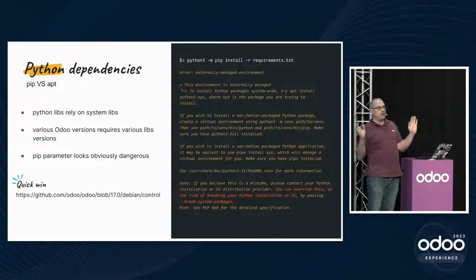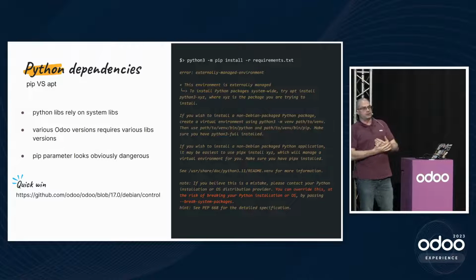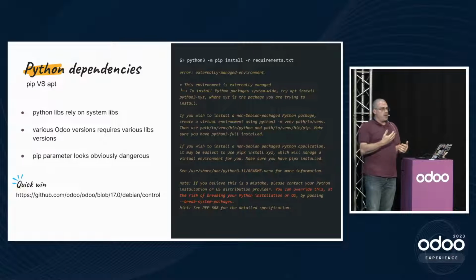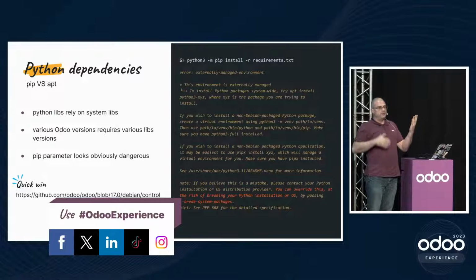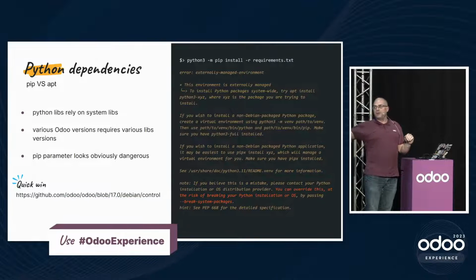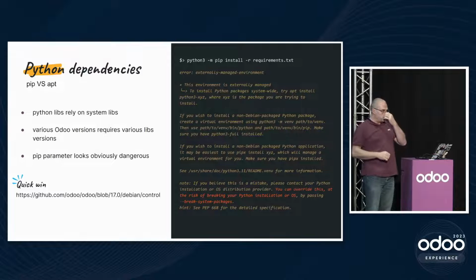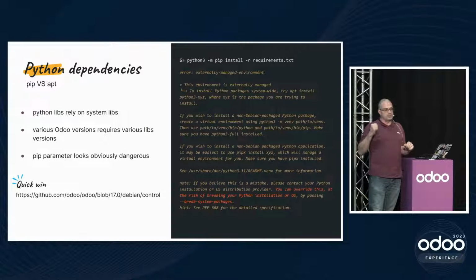Because Python libraries rely on C libraries. And on your Linux box, some unattended upgrades can upgrade the C libraries of your system. If you install your Python libraries relying on C libraries with pip, your system is not aware of that.